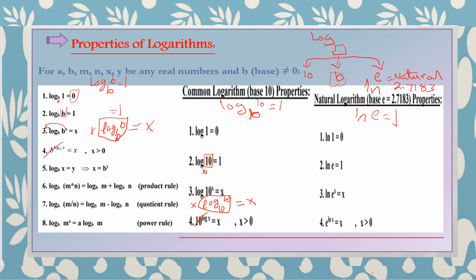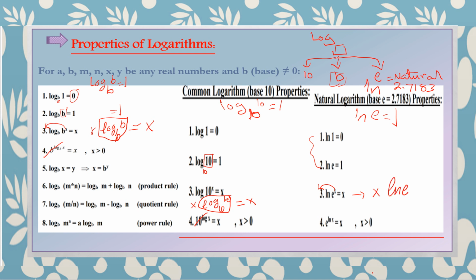For the ln, or the natural base, ln 1 equals 0, and also ln e equals 1, and these two properties are standard or fixed for all types of bases. Again, for ln of e to the power x, the x, or the exponent, comes before the ln or the log, so this equals x ln e.